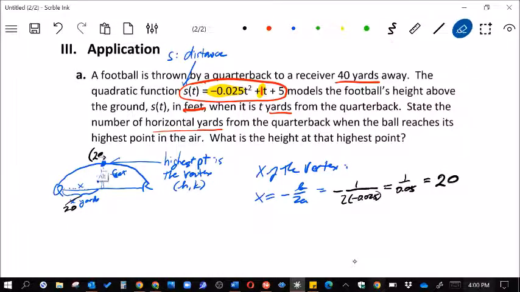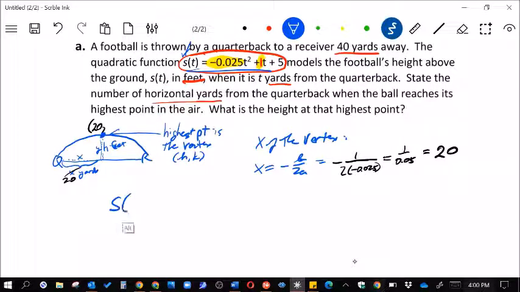So what we need now is the y value, or rather the h, and we'll get it by plugging it back in. So S of 20, that's x equal to 20, or t as they want it.